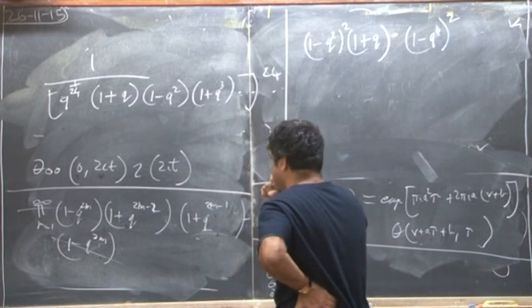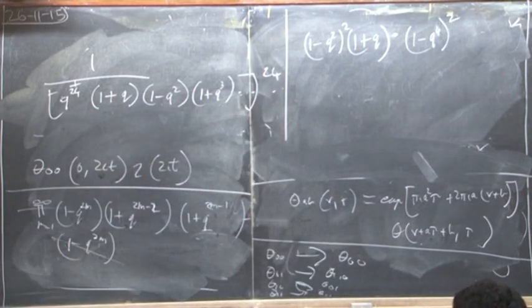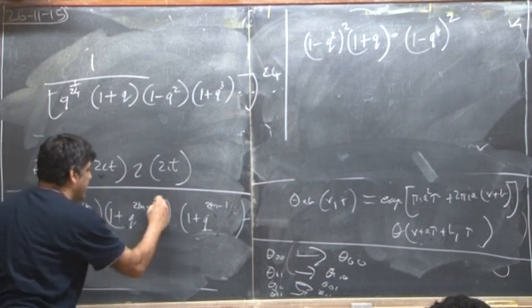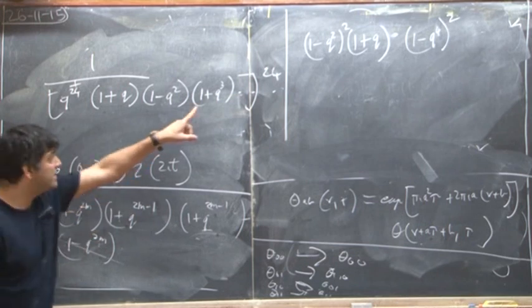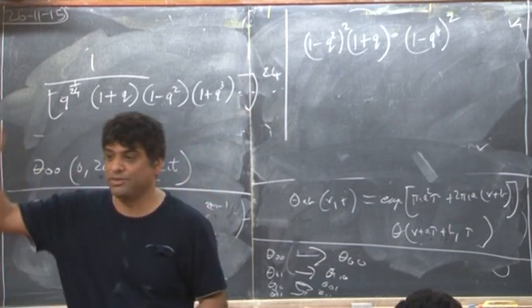So yeah, you're right. I got that wrong. See, the difference between the two terms in the definition of the theta function was that one came with a z and the other came with a 1 by z.